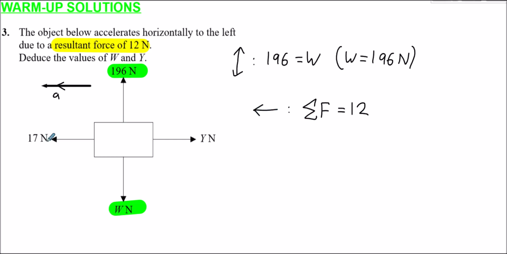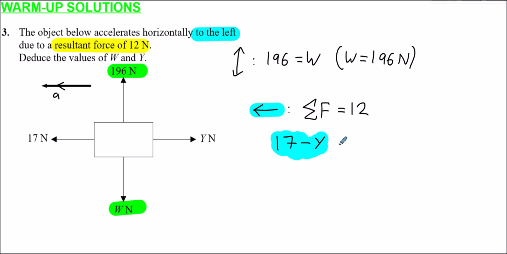And so the total of the forces going to the left, we've got 17. Acting against the forces to the left, in other words, what's going to the right is y. So y is working against the acceleration, so 17 minus y will give us the net force going to the left. And we're told that it's 12.